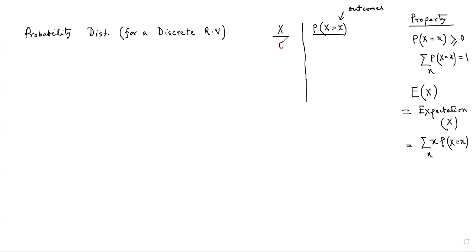We considered a coin tossing problem where the random variable came out to be having these 5 values, and the corresponding probabilities were 1 by 16, 4 by 16, 6 by 16, 4 by 16, and 1 by 16.